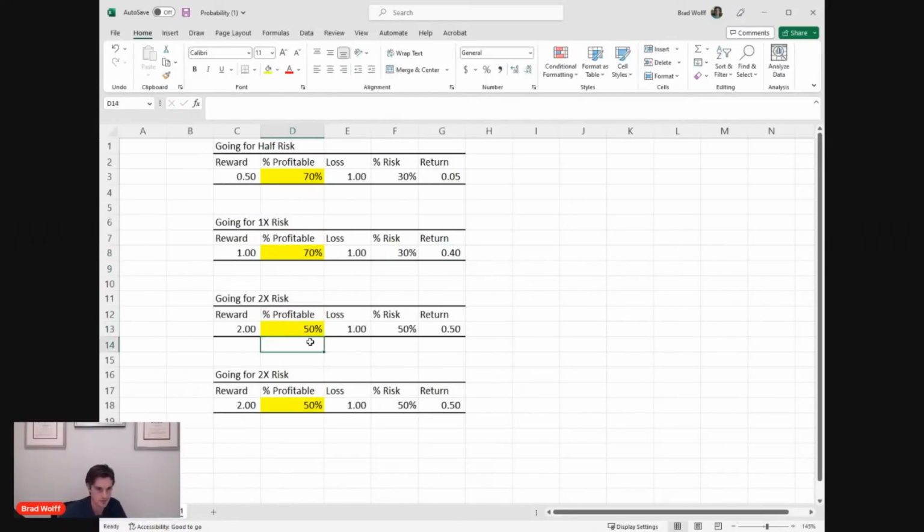But look at this. Somebody could just increase their probability. If they're going for 2 to 1, if they could just raise it 7%, really it's 6.5%, then they will be able to get 0.4, which would be much better.